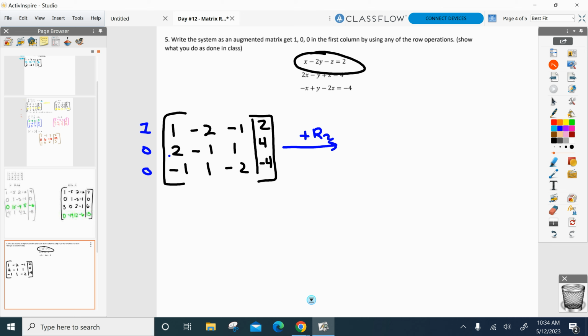Because everyone agrees if I multiply row 1 by -2, I get -2, add it to 2, there's my 0. Help me out here. So here's my rule. -2 times row 1 plus row 2. That'll get me my 0. That's why it's so important that you always start with that corner number being a 1. Because whatever number you need, you multiply row 1 by it.